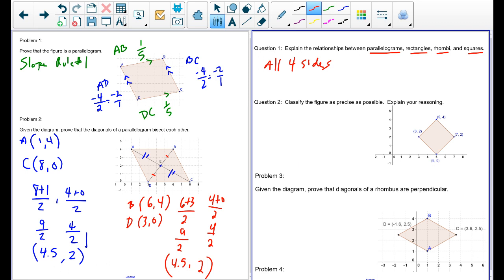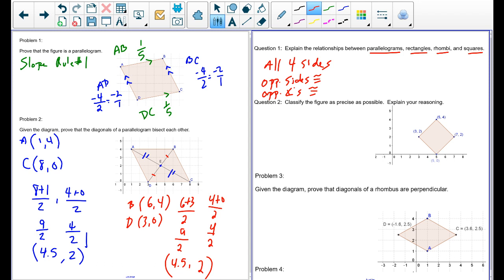Okay? All opposite sides are congruent. Anything else? All what? Opposite angles are congruent, right?